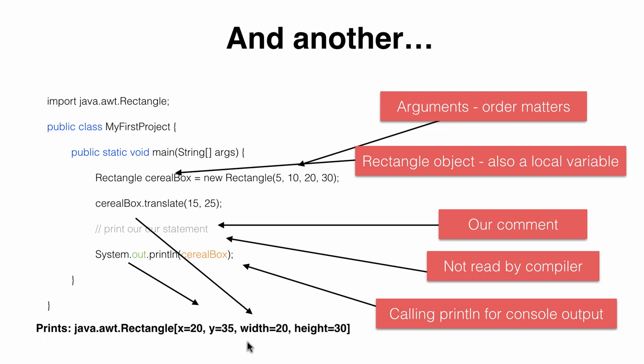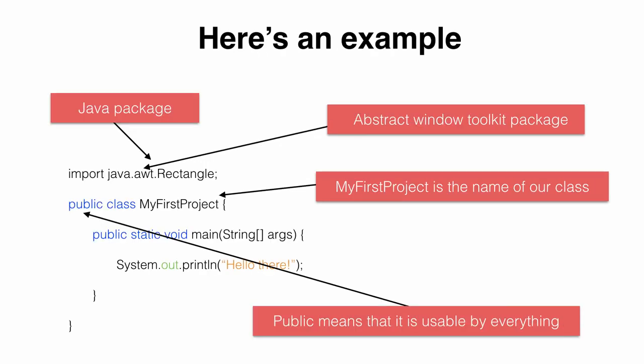It will always come in this particular notation down here. You can do whichever one, but I wanted to show you that we've got the java.awt.rectangle and we've got these particular arguments that have been set up here. Then we're translating them and it comes out to 20, 35, width 20, height 30. So yeah, that's how it works, how a class is set up.